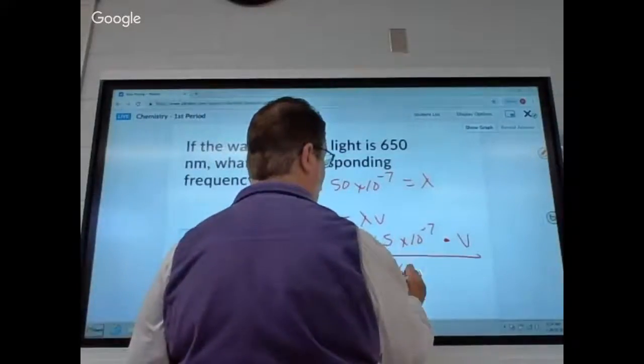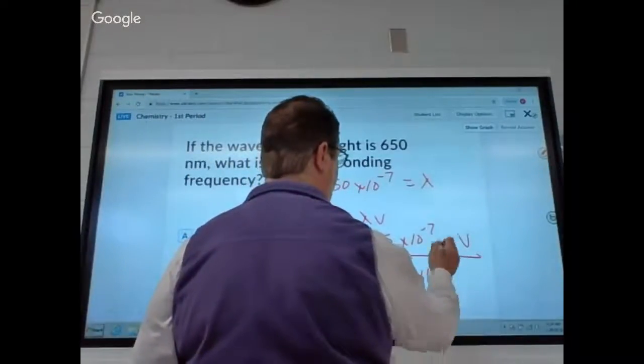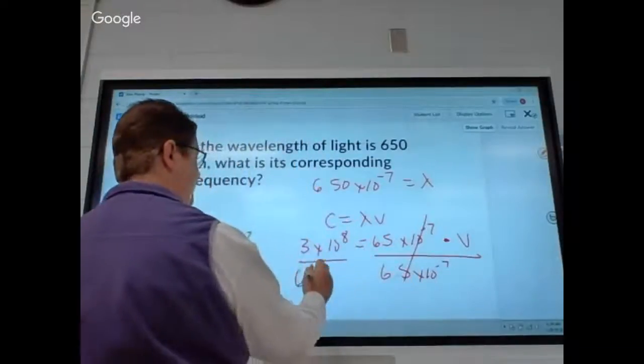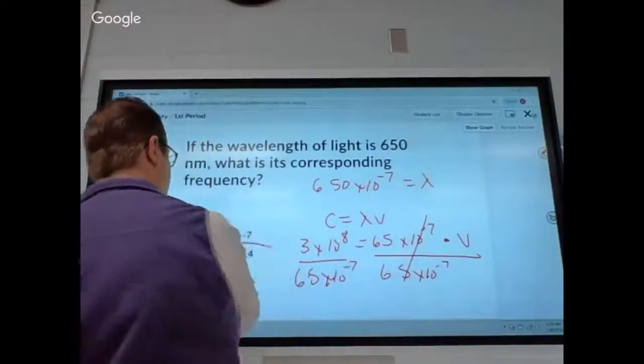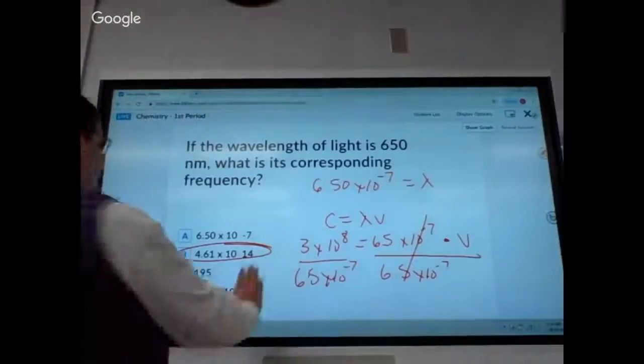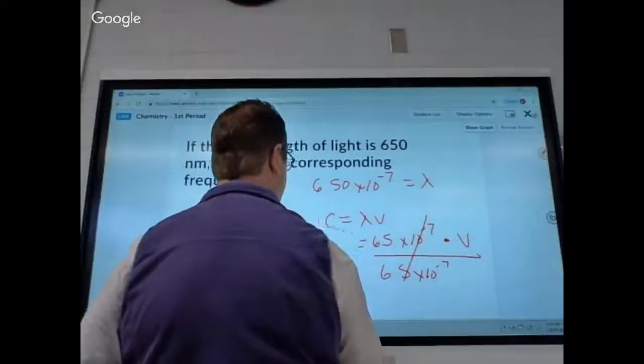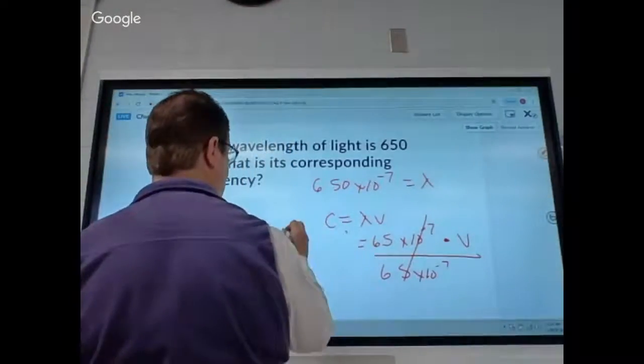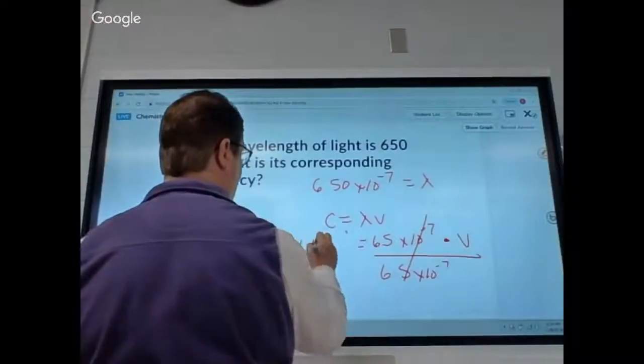Divide by 6.5 times 10 to the negative 7th, and you get B. I told you to go get a calculator if you needed it. Okay? Wait, don't erase it. It ends in 14, so. I was going to ask you about it.